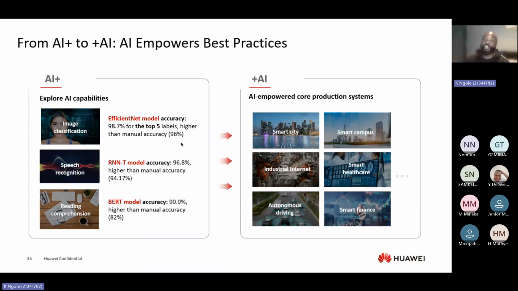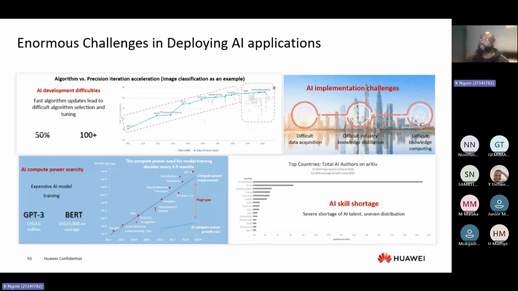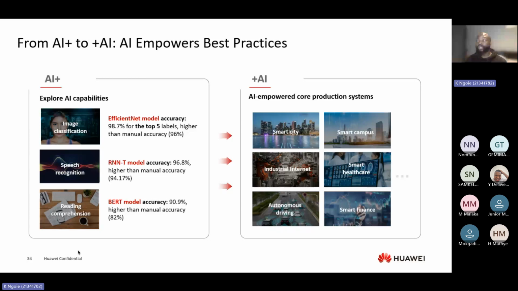If you want to create your own model, it's very difficult to achieve even 96%. But the EfficientNet model has already been tested for image classification, and it's performing at about 98%.